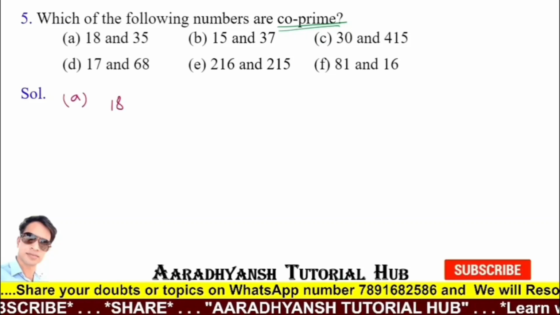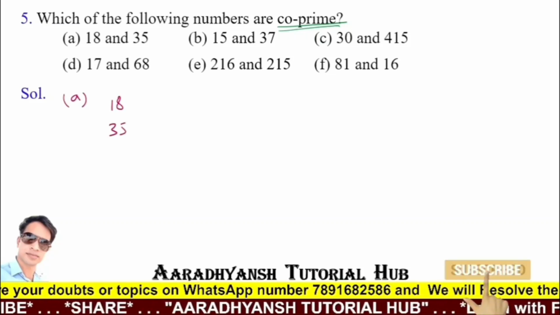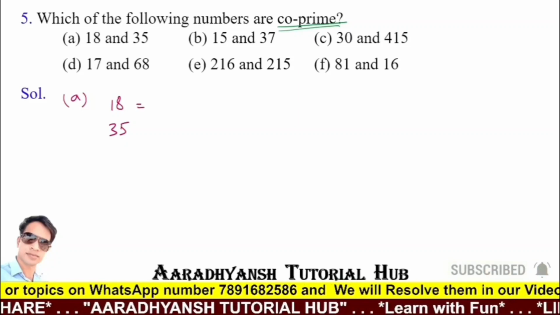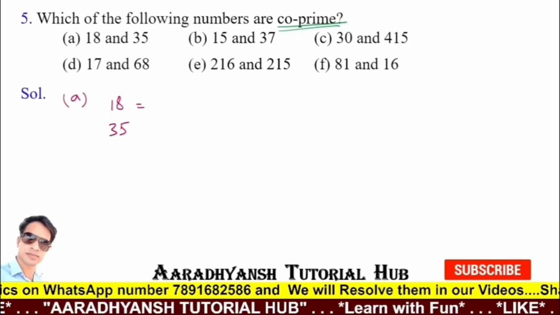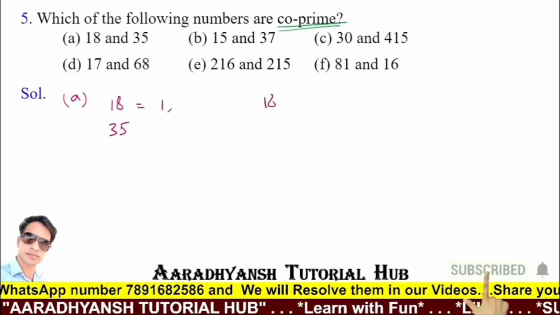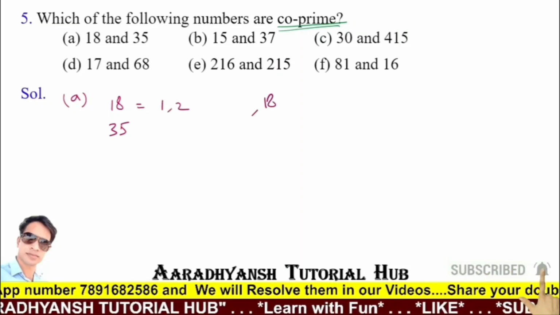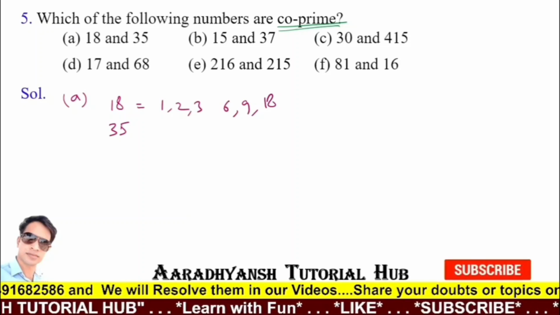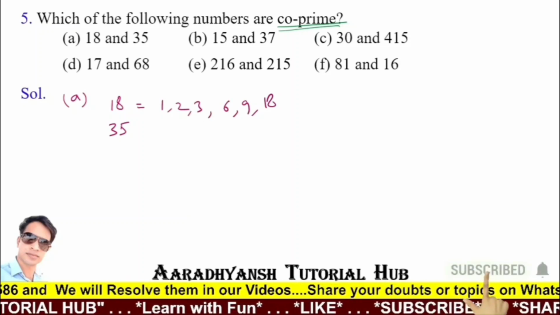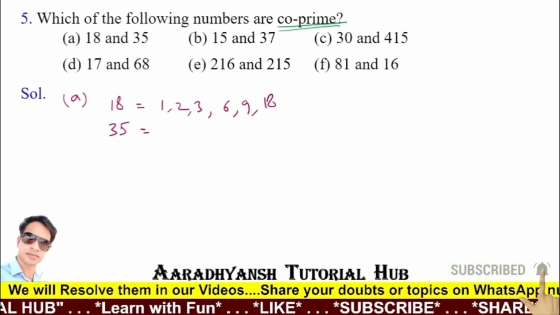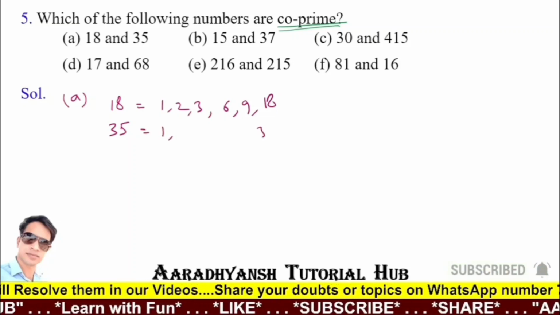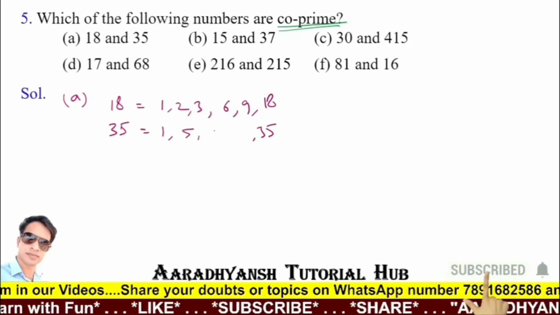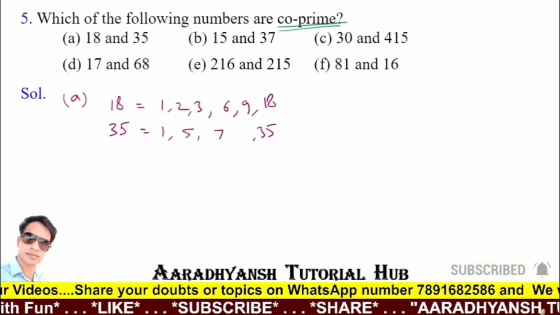First is 18 and 35. Factors of 18 are 1 and 18, 2 and 9, 3 and 6. These are factors of 18, and factors of 35 are 1, 5, 7, 35.